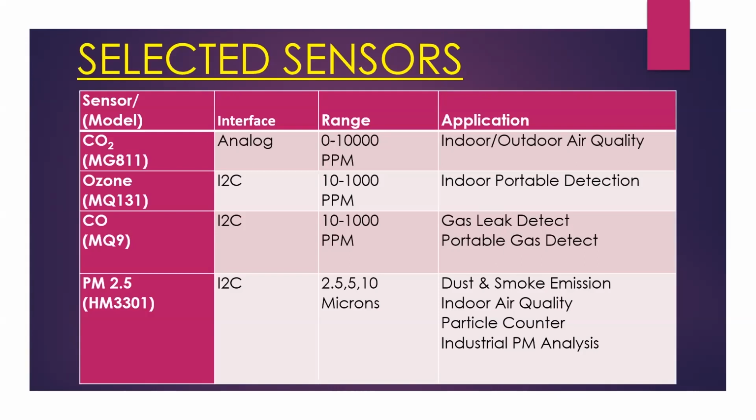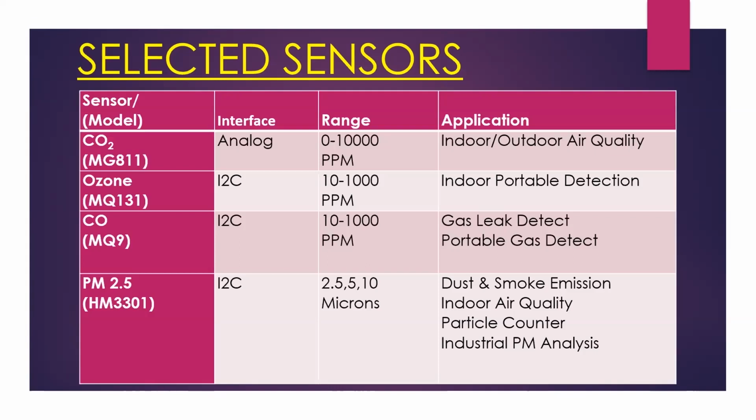And you can see that three out of the four have the same I2C interface using just a 4-wire combination that we could essentially slave one device to another effectively and efficiently. And the MG811 is a straight analog interface.